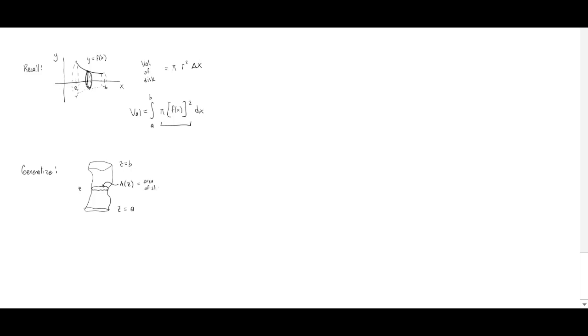I could get the volume of this figure by doing the integral from A to B of A of z dz. So that's effectively what we did up here.